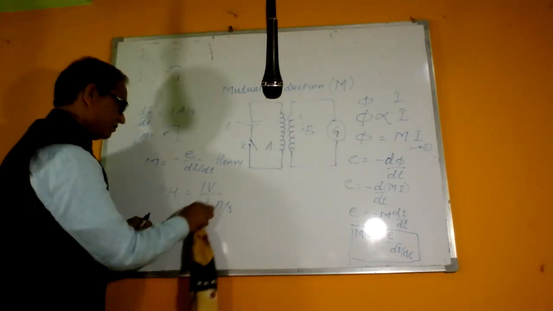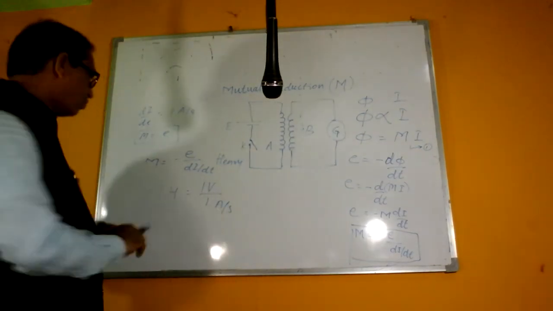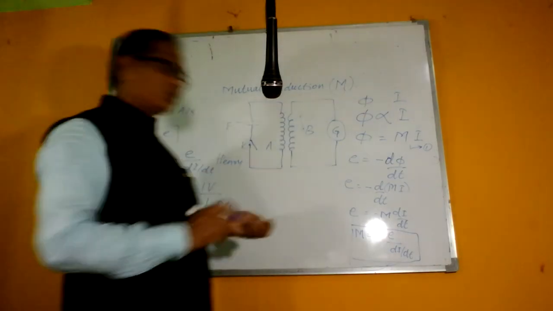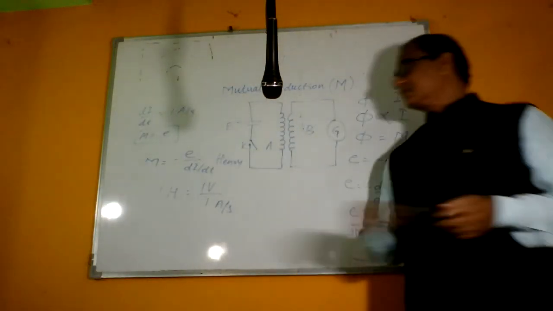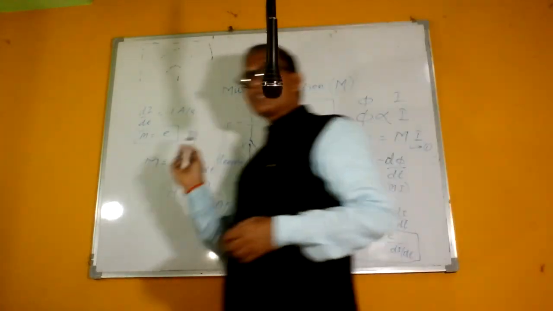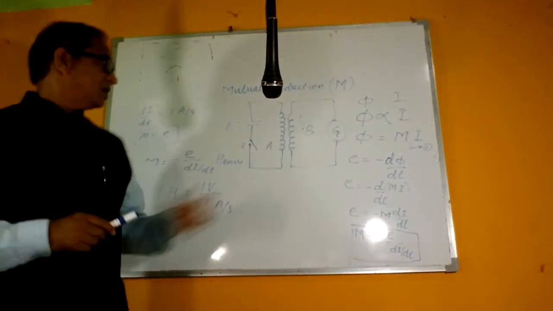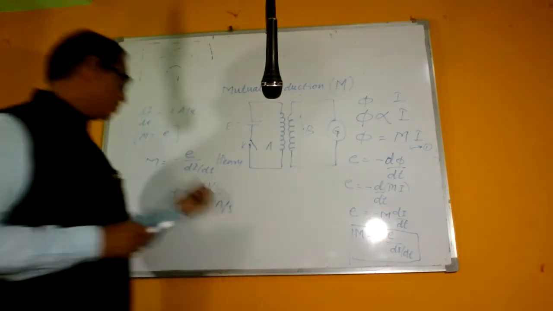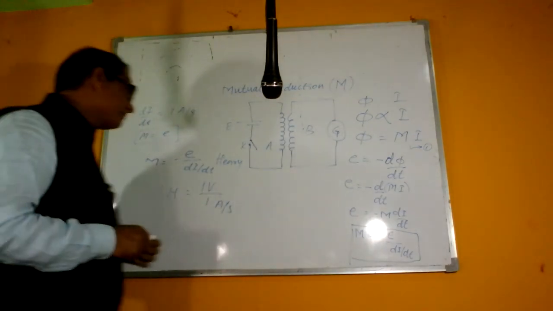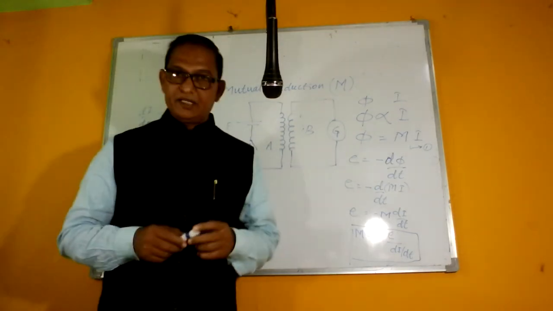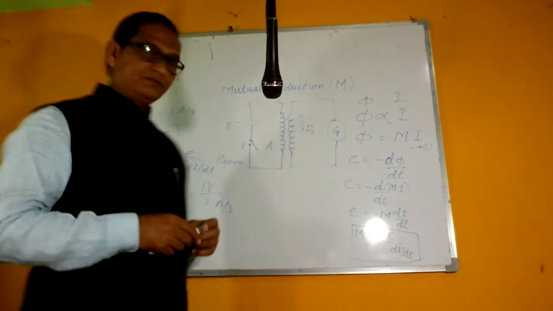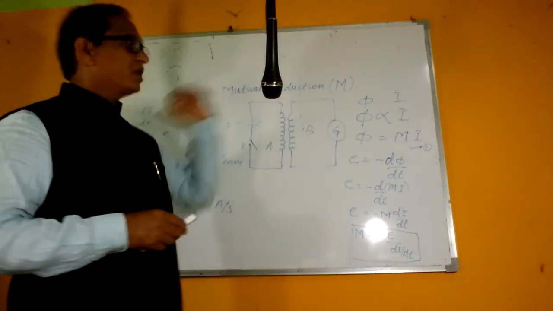The mutual induction of a coil is 1 Henry if the induced EMF developed across the second coil is equal to 1 volt when there is a change of current in the first coil of 1 ampere per second. So this is about mutual induction.